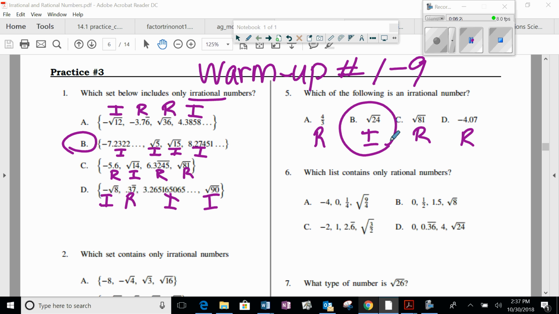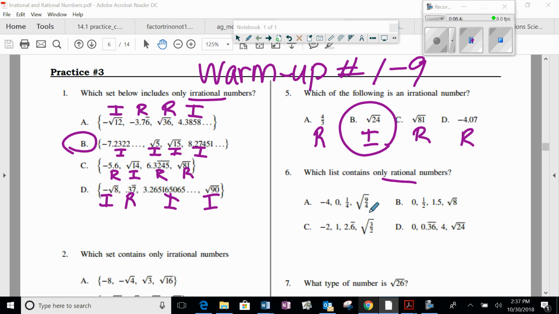Okay? And number 6, if we look at A, again, this time we're looking for rational numbers. So we want it to be a fraction, or we want it to stop, or we want it to repeat, or we want it to be a perfect square. Is A going to be the answer? Yes.